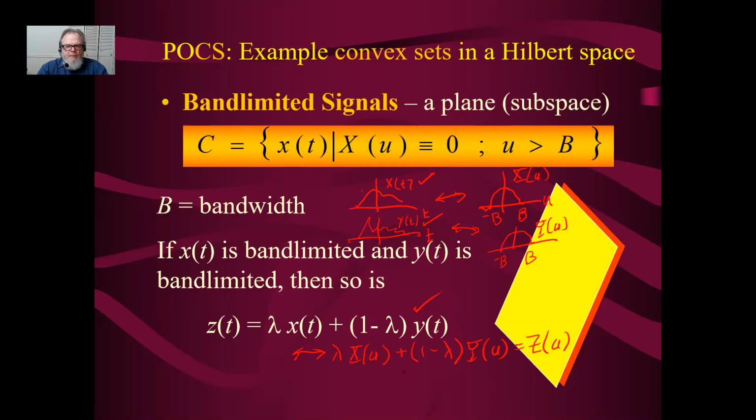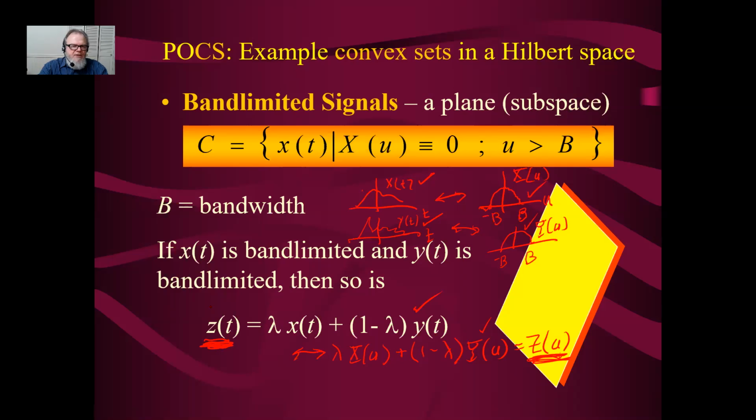Now clearly, if x of u is zero outside of the bandwidth interval, and y of u is zero outside of the bandwidth interval, then z of u, adding them together, is going to be zero outside of the band limited interval. That's kind of obvious. Well, this is z of t, right? So we've just derived z of u, and z of u is obviously going to be zero outside of the interval.